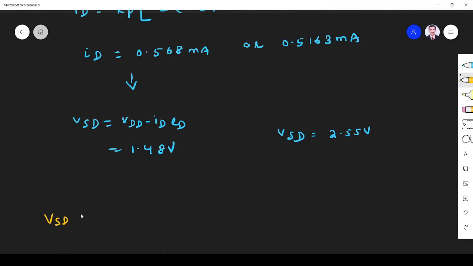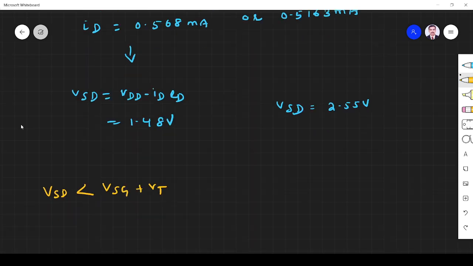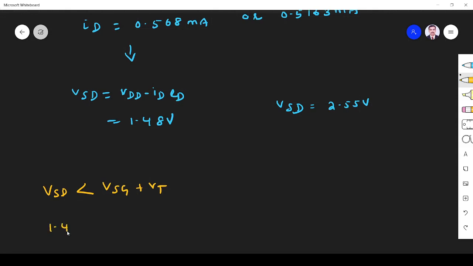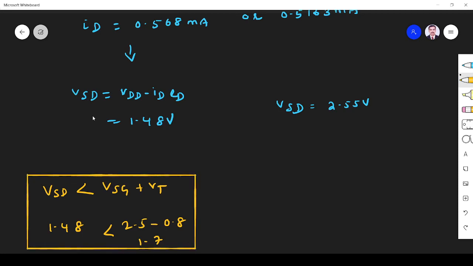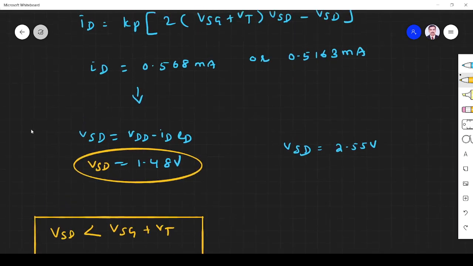Non-saturation means VSD must be less than VSG plus VT, right? So here VSD is 1.48. VSG is 2.5, and VT is 0.8, so 1.7. So yes, VSD is less than 1.7. So this assumption is right. So our VSD is 1.48, final answer, and ID is 0.58 milliamps.